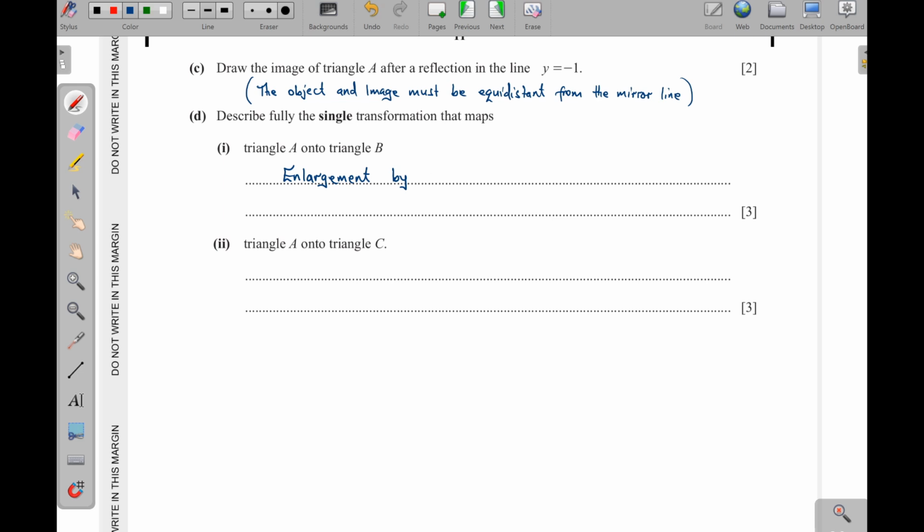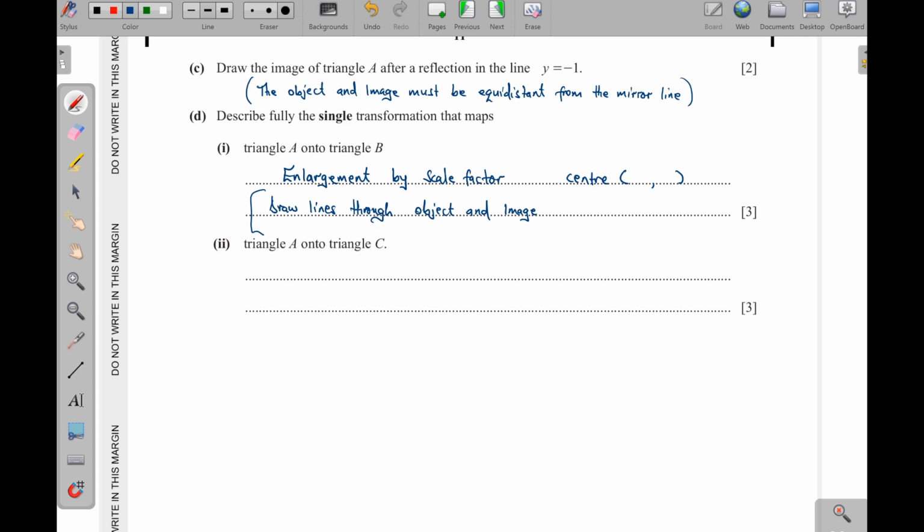then by scale factor dash, and what else? We need to find the center of enlargement. Center, we need to find those coordinates. Okay, and how do we find the coordinates? You draw lines through object and image points.